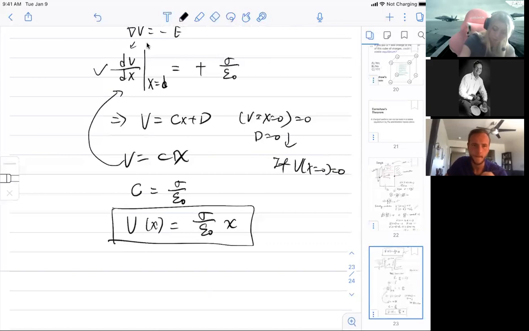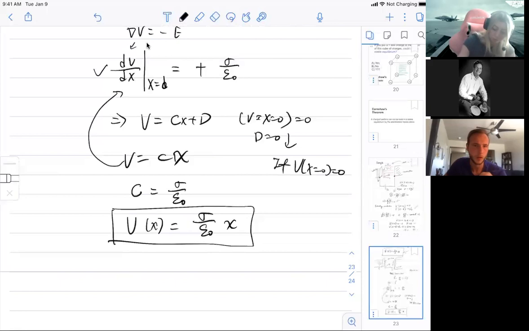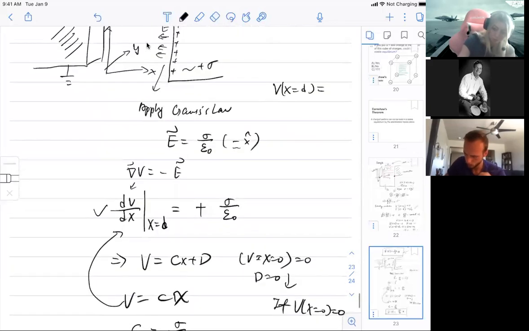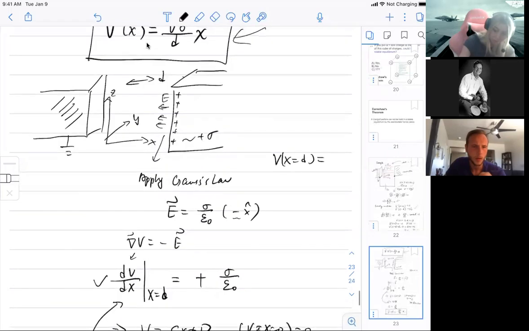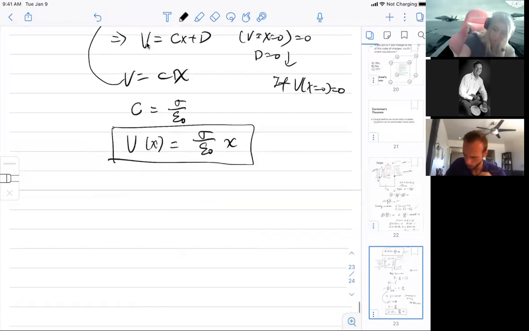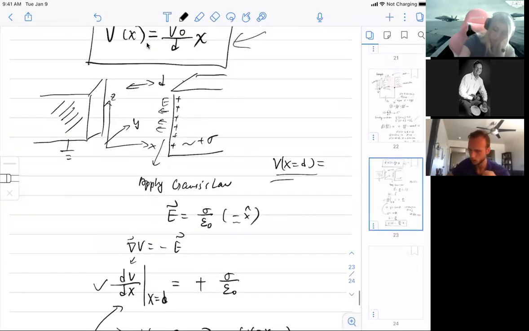Now, if your left hand side is V naught, then this will be this value plus V naught. Okay, so this is for if the left wall is grounded. But if it's not grounded, we just add whatever the left wall is. Either they give you V at the boundary or they give you the charge density at the boundary. Either way, you can find your potential.